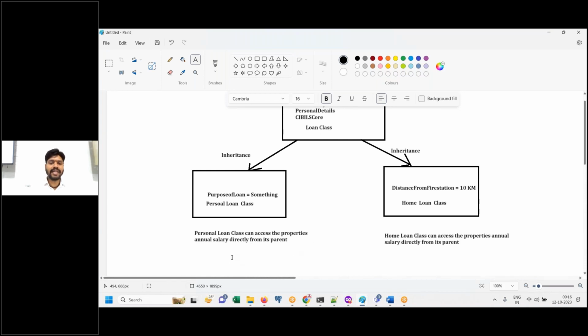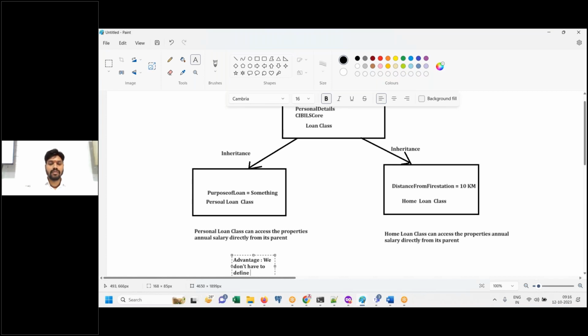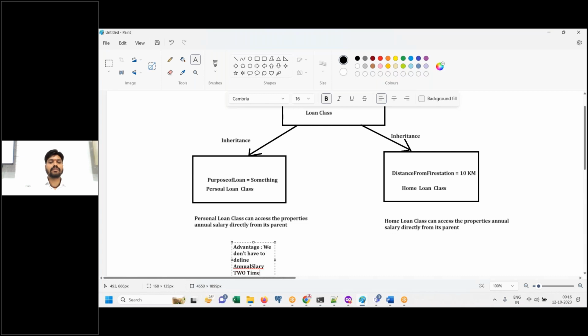So the advantage is what? We don't have to define annual salary 2 times. How many times? 2 times we don't have to design.